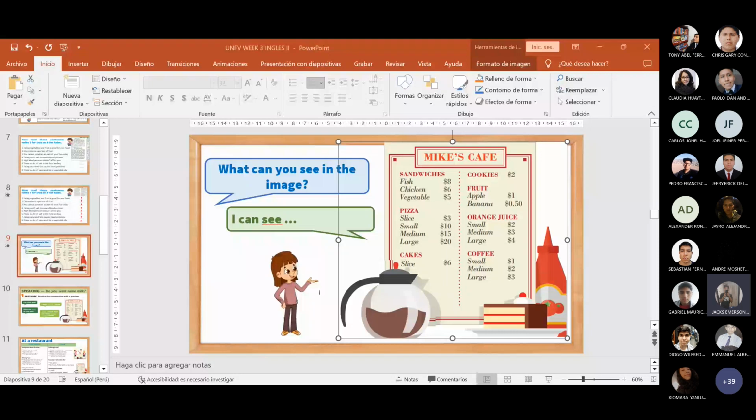Yeah, that's good. Okay, a piece of cake. Many options with respective prices. Another thing that you can observe maybe.